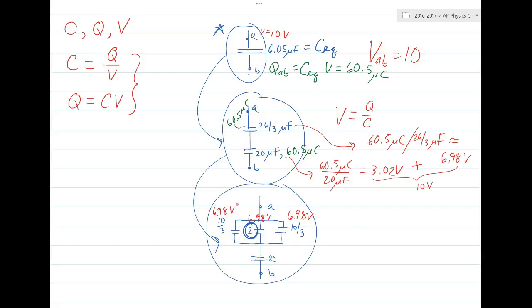So to answer our question, the voltage on C3 is 6.98 volts, give or take. And then if we wanted to, we could go back and we could determine the various charges, but we don't need to do that right now. So we're going to stop here, and next time we're going to wrap things up by talking about the energy that's stored in a capacitor as well as dielectrics.